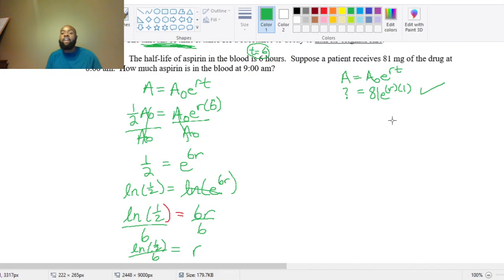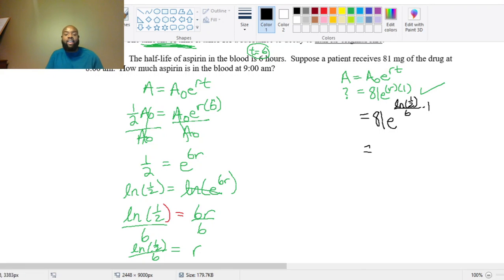What I'm going to do to solve this problem is put that natural log of 1/2 over 6 in its place. So for me to solve this equation, the amount at 9 o'clock is going to be basically the natural log of 1/2 over 6 times 1, right? And that's the same thing as just natural log of 1/2 over 6.